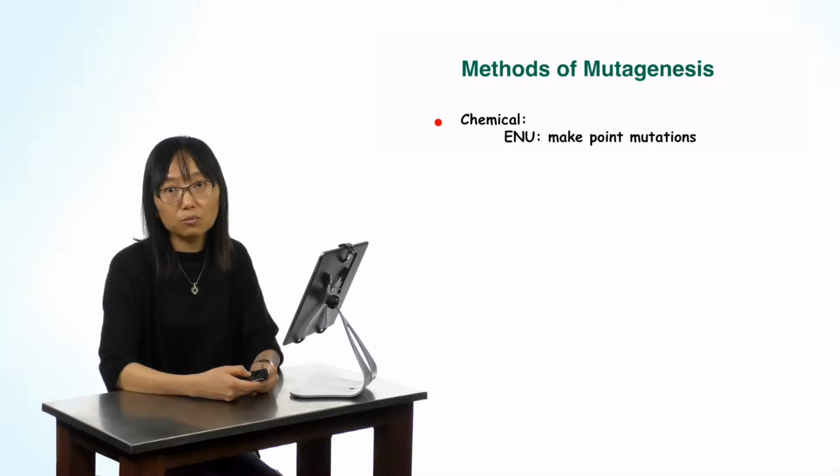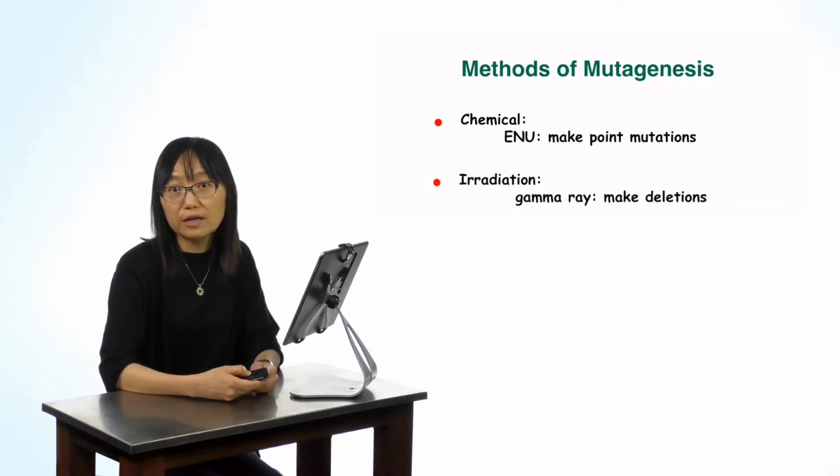Now, if you accept that fish is an appropriate model to study heart development, how do we create mutants with defects in heart formation or function? Just like what you learned in the genetic class, you can mutagenize the fish genome using mutagens. You can use chemical mutagen like ENU to induce point mutations.